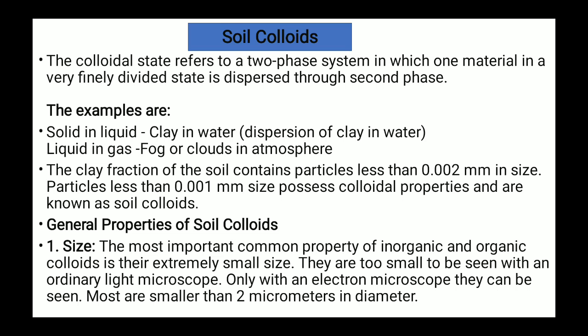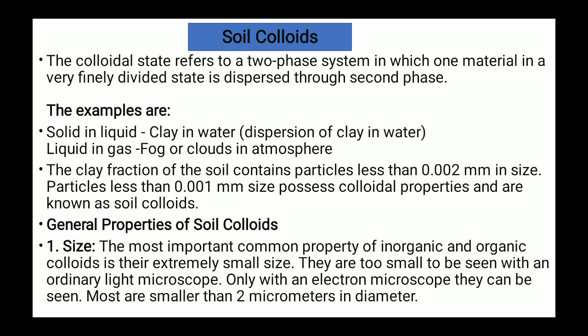The general properties of soil colloids. What are the general properties of soil colloids? They are the following. The first is size. The most important common property in the organic and inorganic colloids is that they are extremely small in size, and they are too small to be seen with an ordinary light microscope.